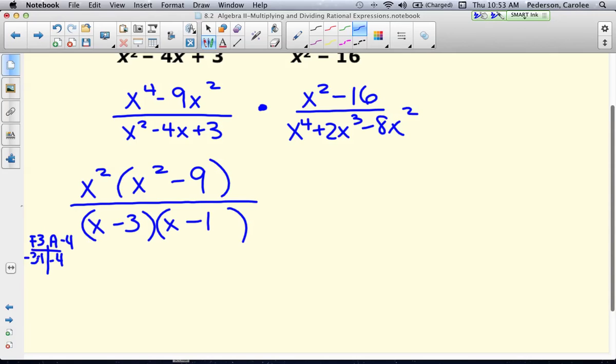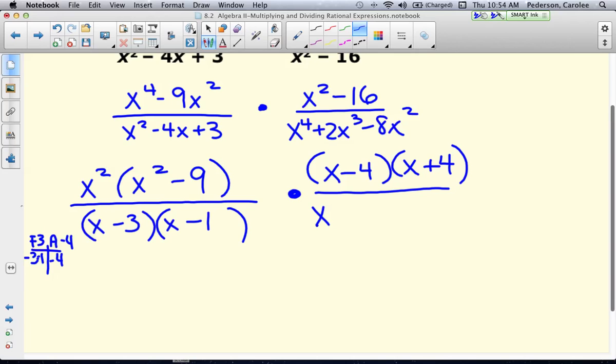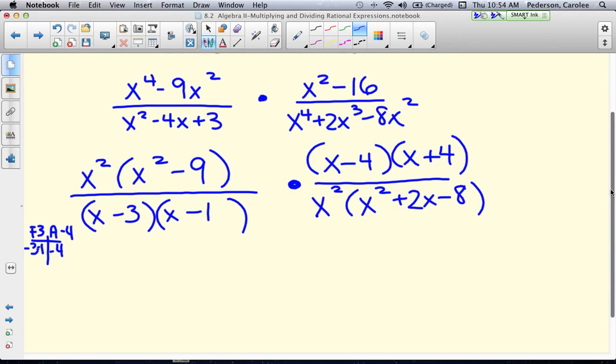Over here on the top of the second fraction, it's the difference of 2 squareds. So it's x minus 4 and x plus 4. In the denominator, I have a GCF of x squared. So I'm left with x squared plus 2x minus 8. I do have a couple polynomials that we still have to continue factoring.